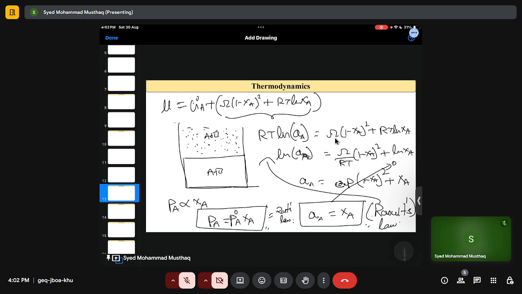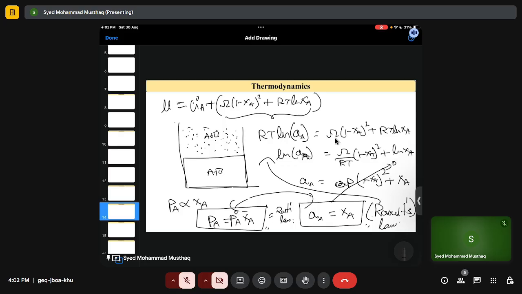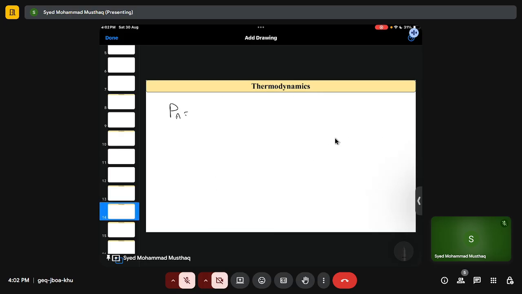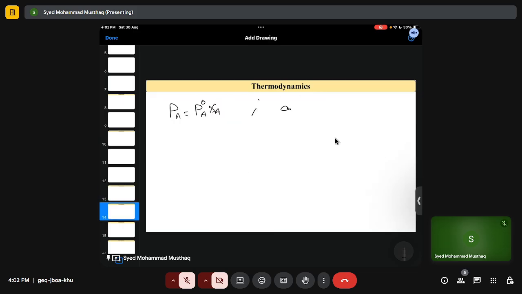Now, how do you equate this, guys? I will write those things again. So PA will be equal to P naught A XA. And the other is activity of A equals XA.